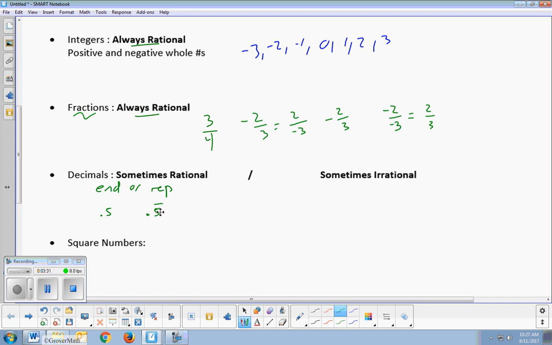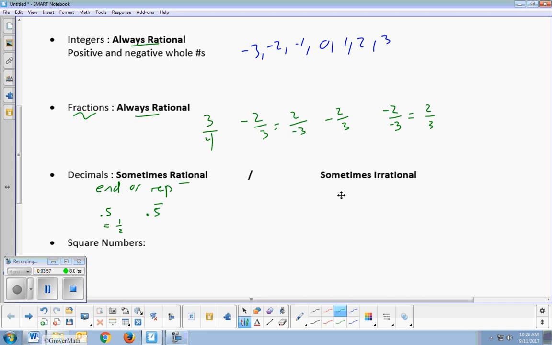Those are rational decimals because they are equivalent to fractions. For example, 0.5 is equivalent to 1/2, so it can be expressed as a fraction. I'm not sure what 0.5 repeating is, but I know that 0.3 repeating, for example, is 1/3. So repeating decimals can be expressed as fractions. I don't know all of them off the top of my head, but if the decimal ends or repeats, that's rational.